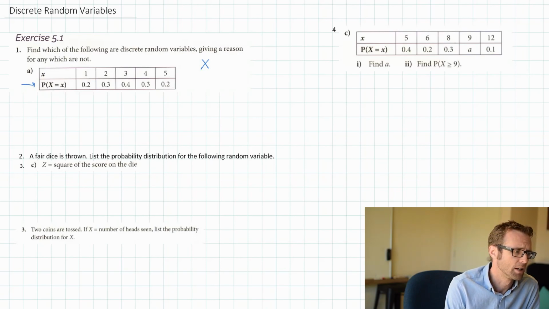Let's sum these. 0.2 plus 0.3 is 0.5, plus 0.4 is 0.9, plus 0.3 is 1.2, plus 0.2 is 1.4.